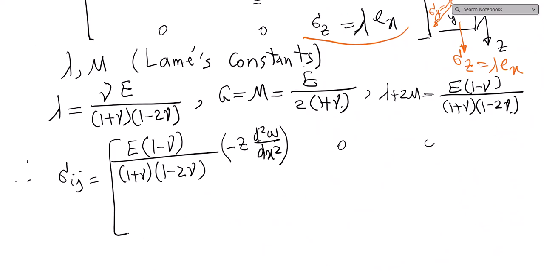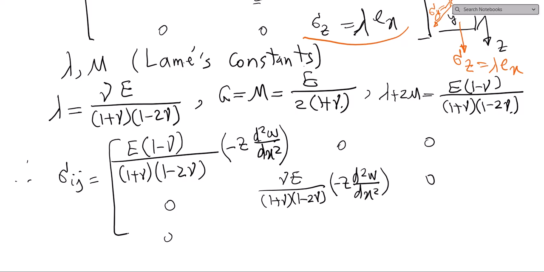This is 0, this is 0, this is 0, and my sigma yy is actually mu E divided by the same denominator, epsilon x again. I write it to be consistent, but we will drop it due to its small magnitude.